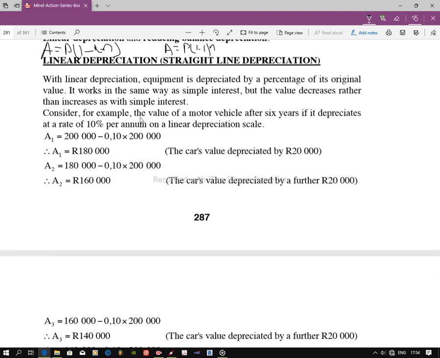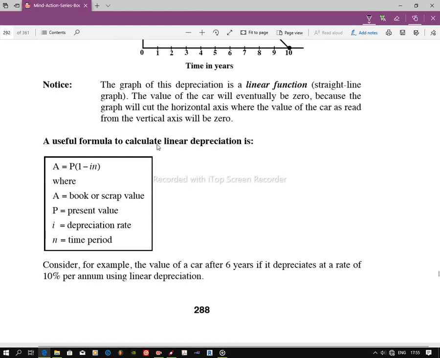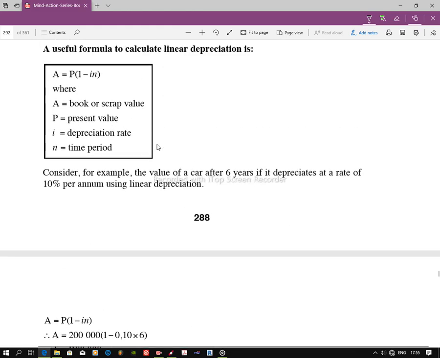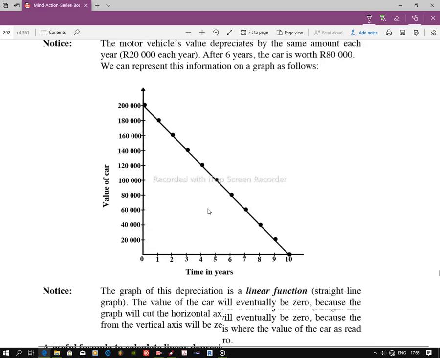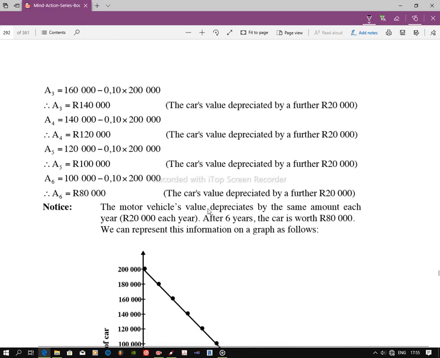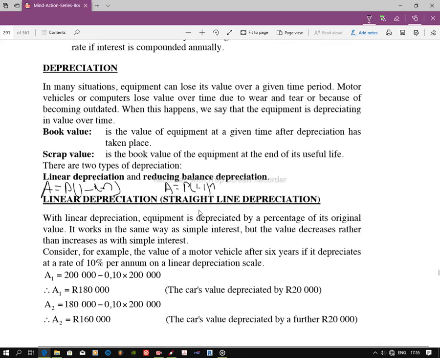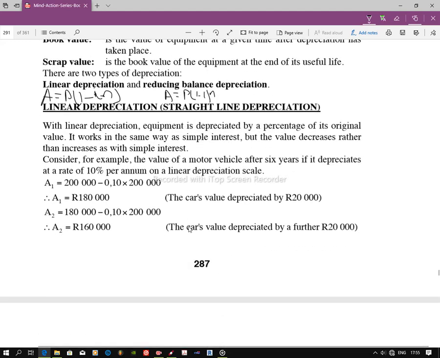They say the value of a car after 6 years, if it depreciates at a rate of 10% per annum on a linear scale.